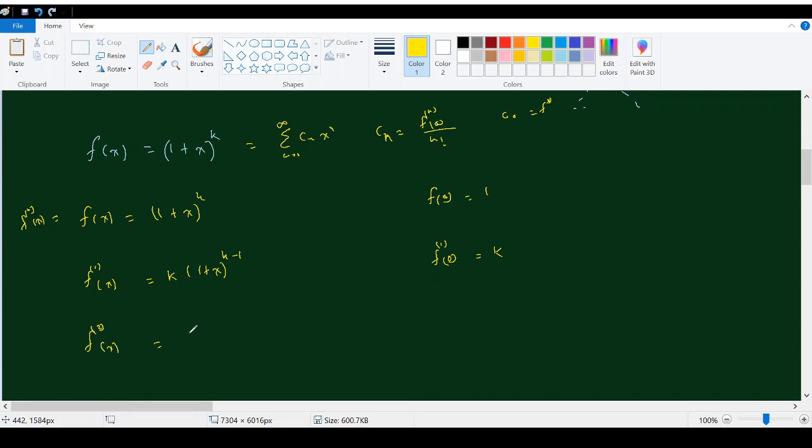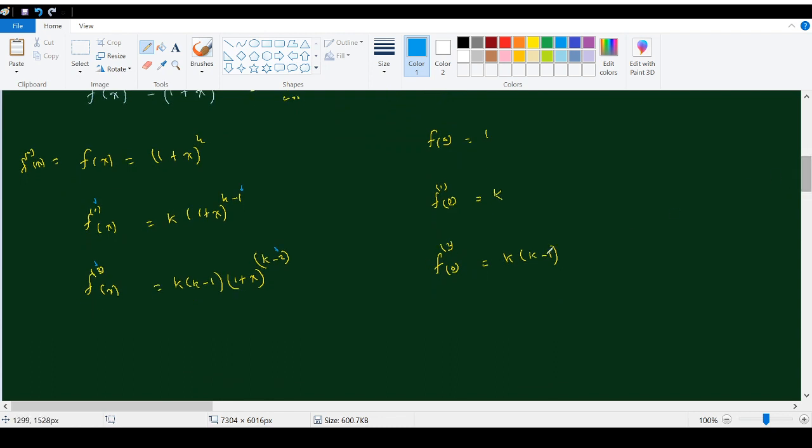Then you will get this number as the coefficient, and here you will get (1 plus x) to the power k minus 2, and the value evaluated will be equal to k times (k minus 1). Now see, if it is 1, you will have k minus 1. When it is 2, you will get k minus 2. So keep note of this pattern, right?